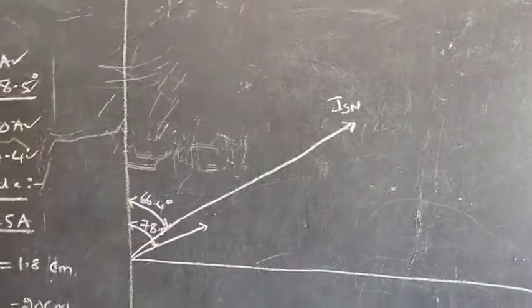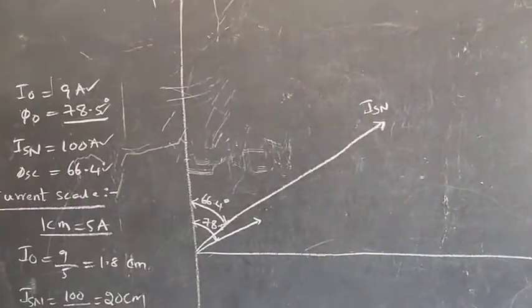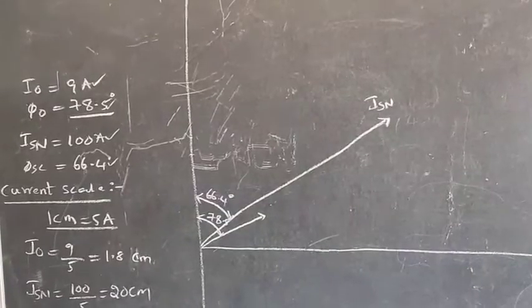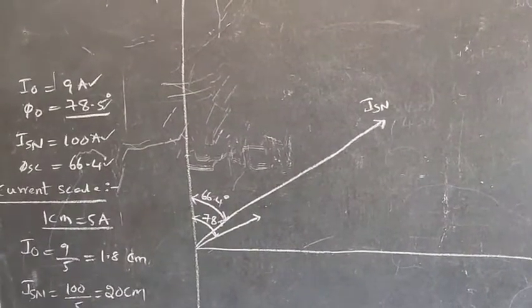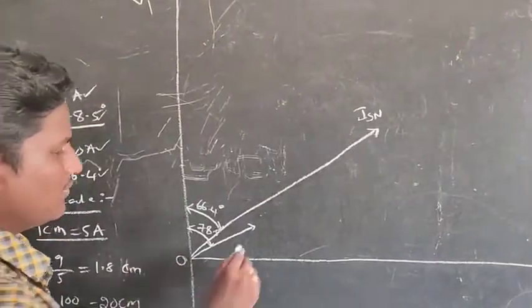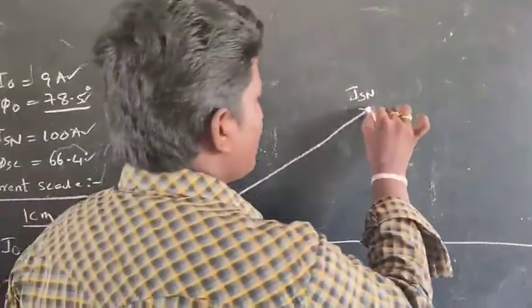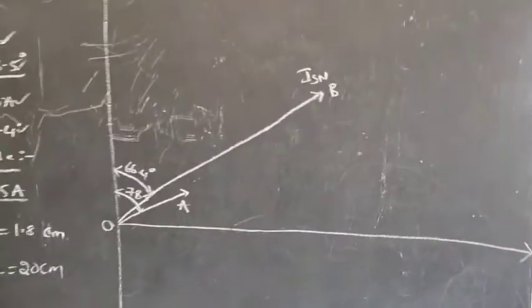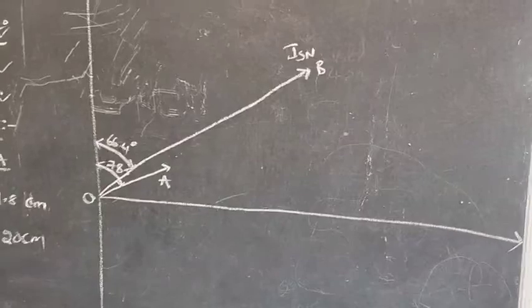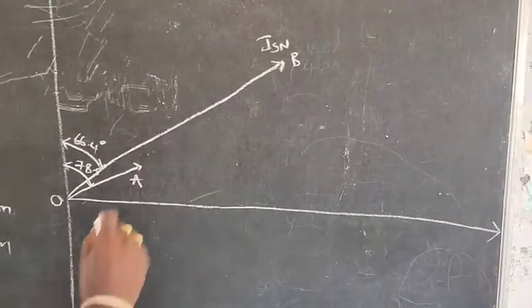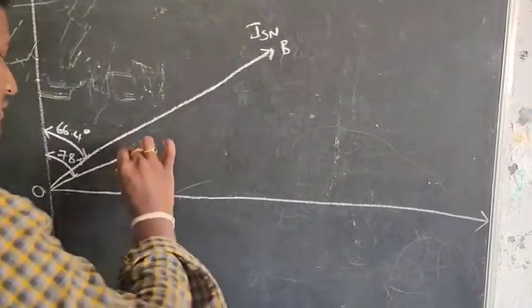After that, the general procedure we have to follow. Assume that these points are O, A and B. Join A and B. We have already discussed how to draw the circle diagram.